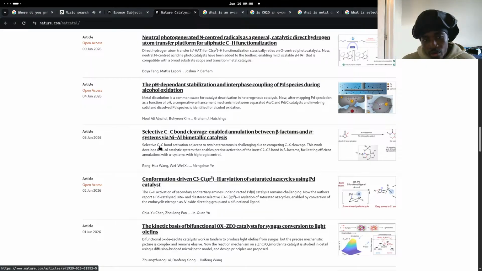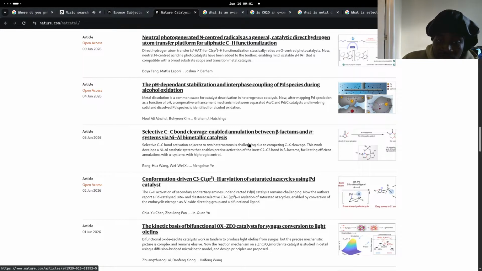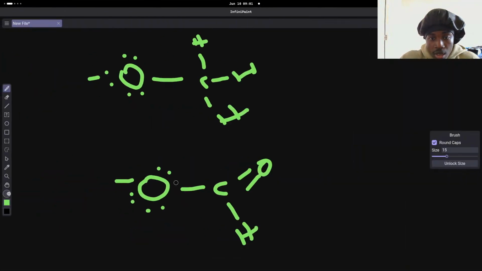Let me rephrase to be more concise and direct: cleaving a carbon-carbon bond that has an oxygen and nitrogen on it is difficult because there's also a race to cleave the carbon-nitrogen or carbon-oxygen bond on that same molecule.